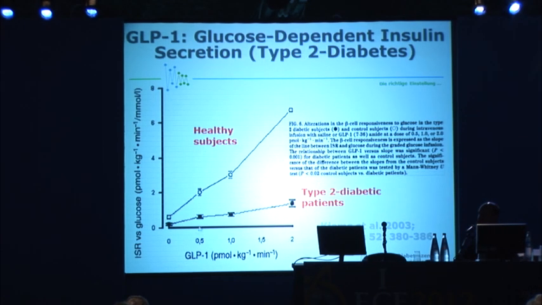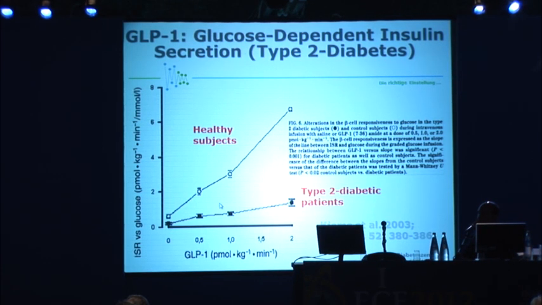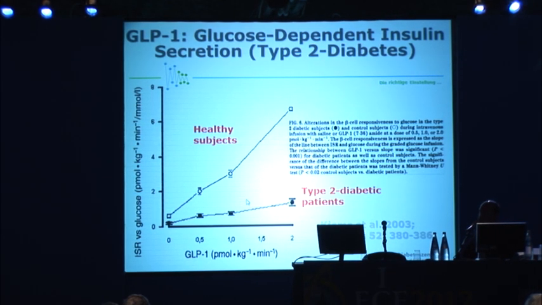So this is slightly above physiological peak levels, what you achieve with 0.5 picomoles per kilo per minute. And then she infused glucose so that the concentration went up like a ramp. And then she related insulin secretion to glucose levels in these experiments. So what you get is kind of a slope.